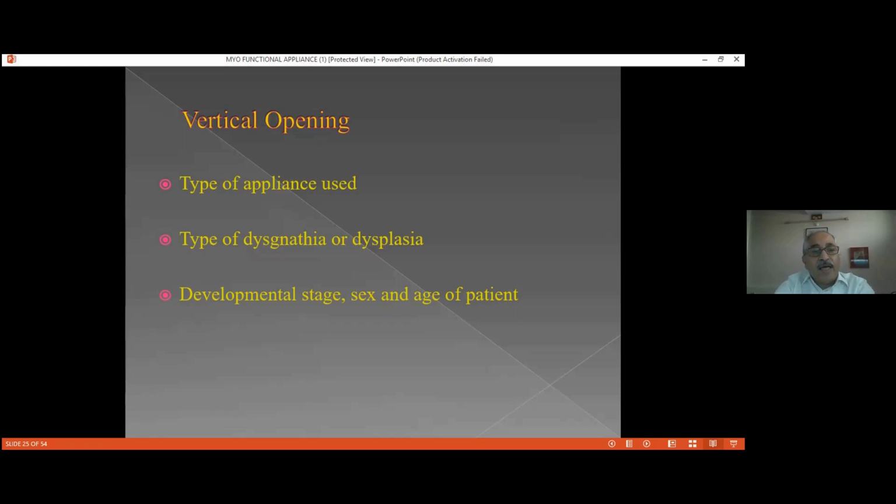The second thing is that the type of the defect or dysplasia in the mandible also governs the vertical opening. If it is a backward rotating mandible, we cannot open the mandible too much because this is going to worsen the mandibular rotation. If the mandible is counterclockwise rotating or forward rotating, then we can have more vertical opening. It also depends upon the sex and age of the patient.